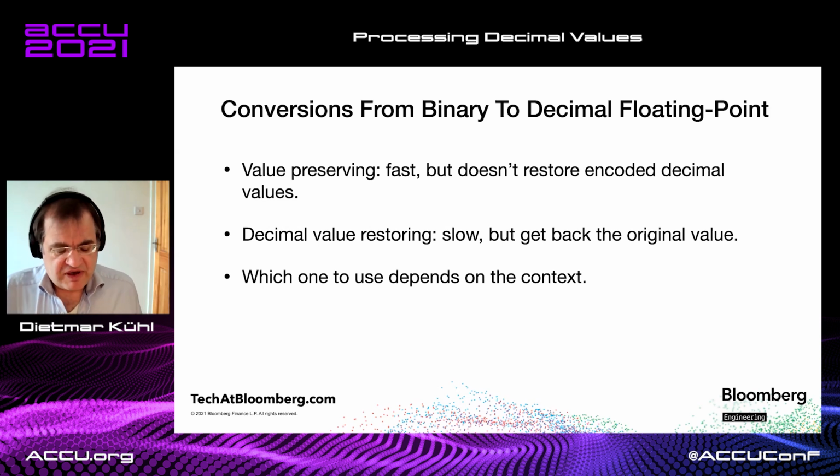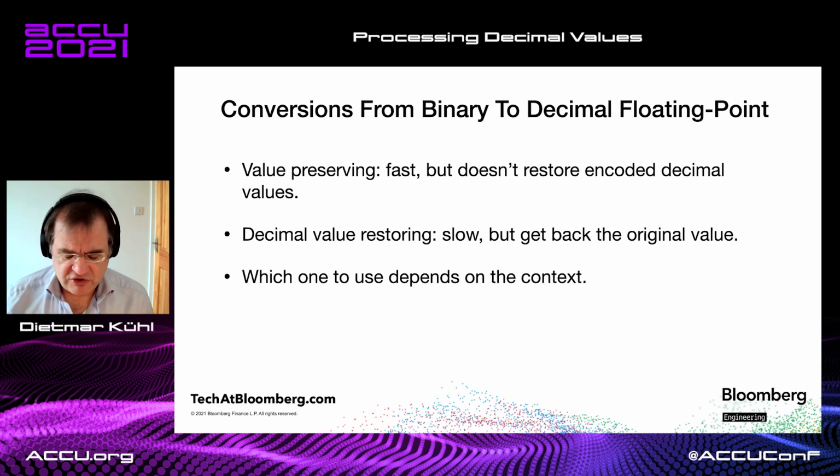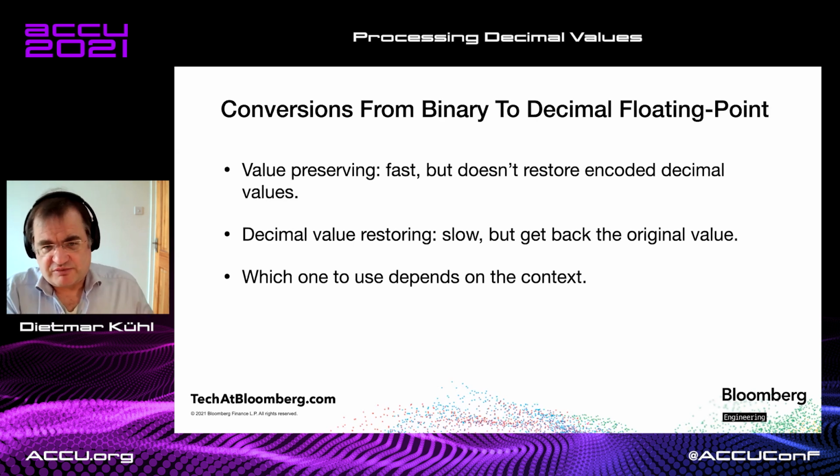Or you may want to restore a decimal value which was stored in a binary floating point. This is almost certainly what Excel does. When they get a floating point, they assume, all right, this probably stores a decimal, let me convert that correctly so that we present the correct numbers to our clients. This is slow, but gives you back the original decimal value despite having been in a binary floating point. So there's a choice of two operations.